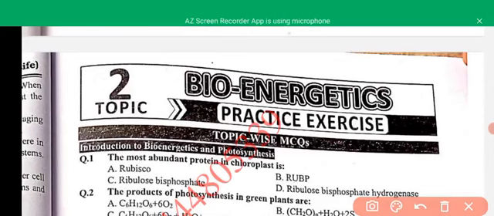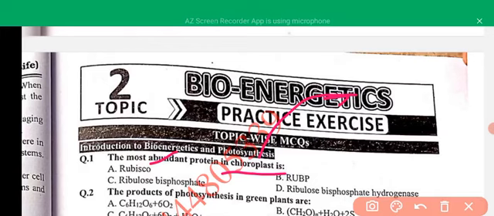The most abundant protein in the chloroplast. It is mentioned in the PDB that in the Calvin cycle, the most abundant protein in the chloroplast and probably on Earth is rubisco. It is ribulose bisphosphate carboxylase, or ribulose bisphosphate oxygenase.